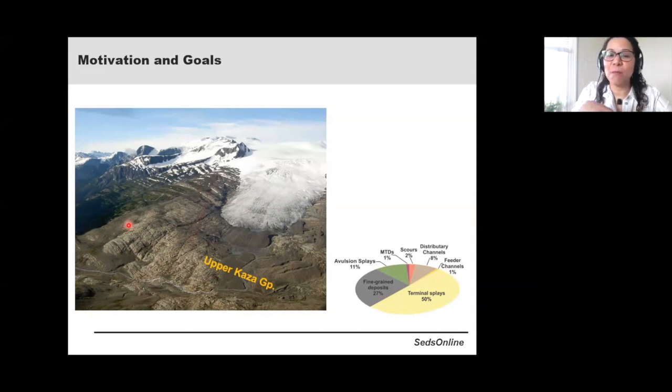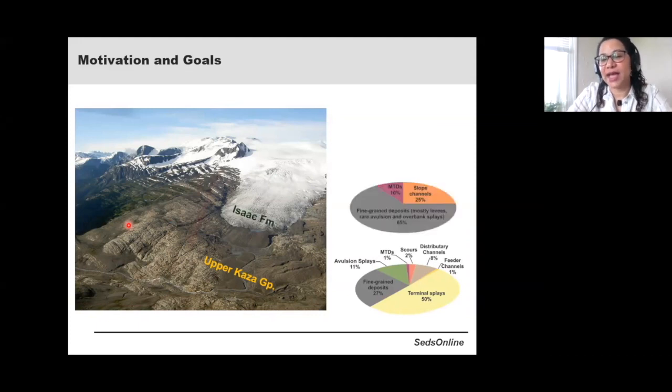In the Casa we see mostly splays and sheet-like splays interbedded with fine-grained deposits. In the Isaac it is mostly what I already mentioned: slope channels and mass transport deposits encased within fine-grained deposits, and mostly levees. Now, what happened in between those two units?